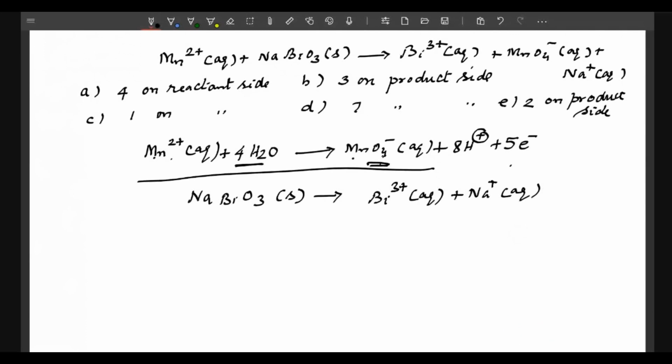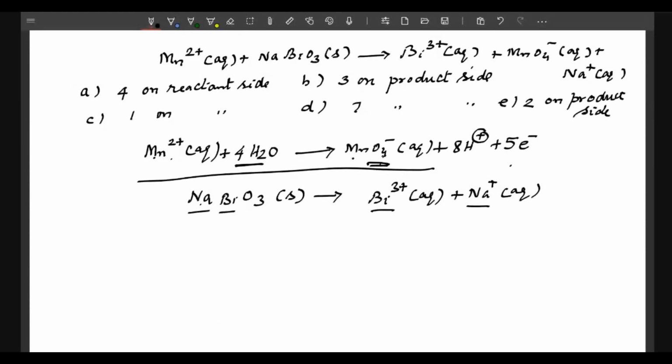First step is to balance the species present on either side, other than oxygen and hydrogen. Here, one sodium here, one sodium there, balanced. One bismuth here, one bismuth there, balanced. Then we have finished the species other than oxygen and hydrogen.